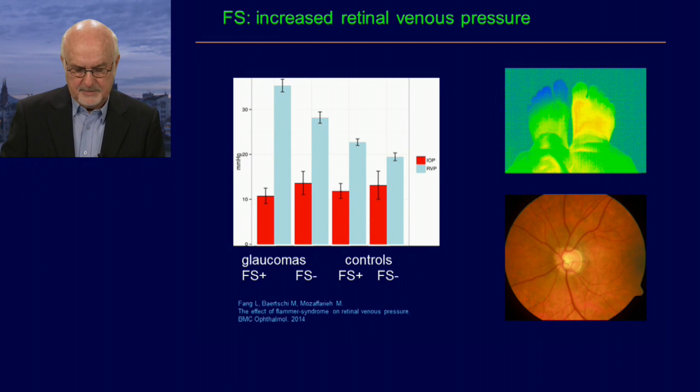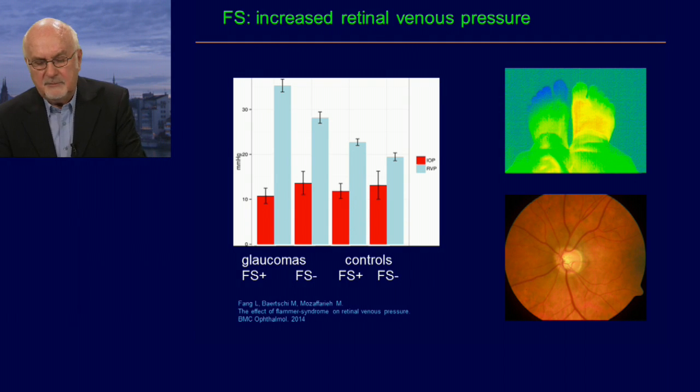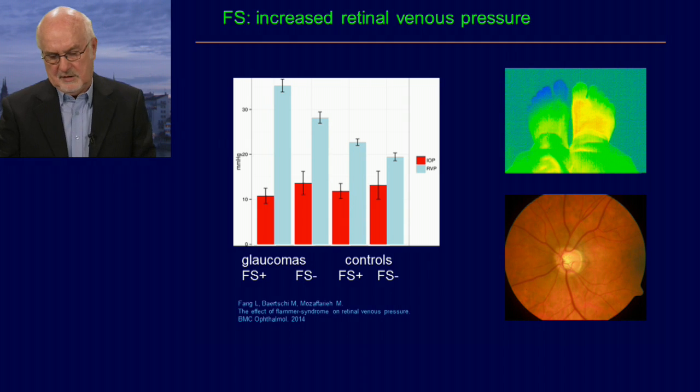Here, the difference between venous pressure and IOP gets very large, indicating that people who have a dysregulation in the periphery also have a dysregulation of their vessels in the retina, including the veins. And the increased venous pressure decreases perfusion pressure and increases transmural pressure, both contributing to the damage.